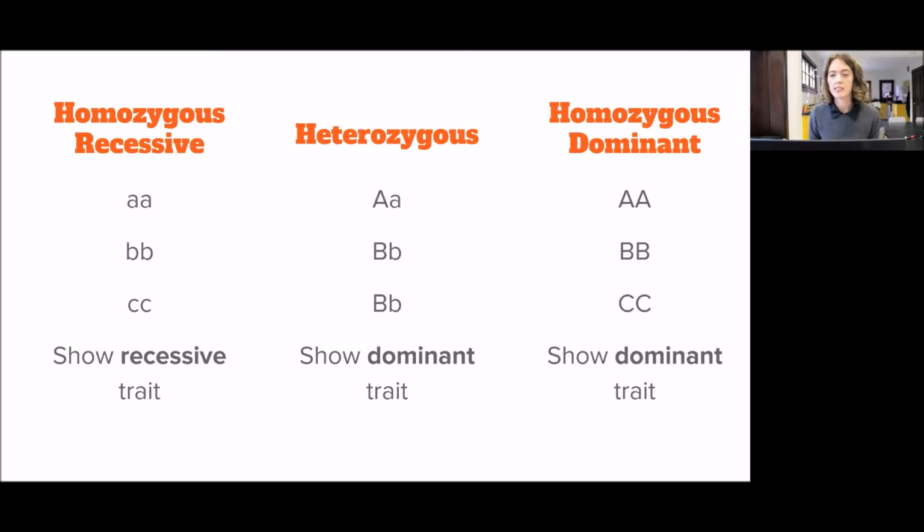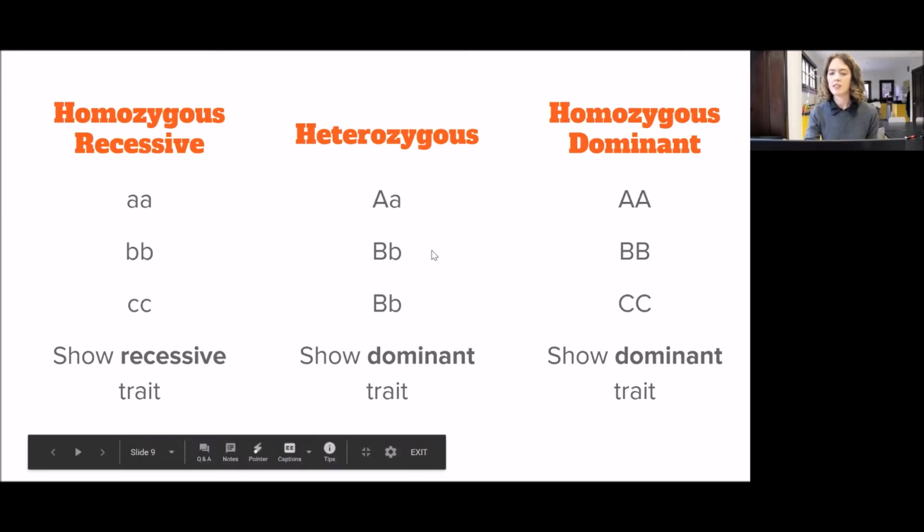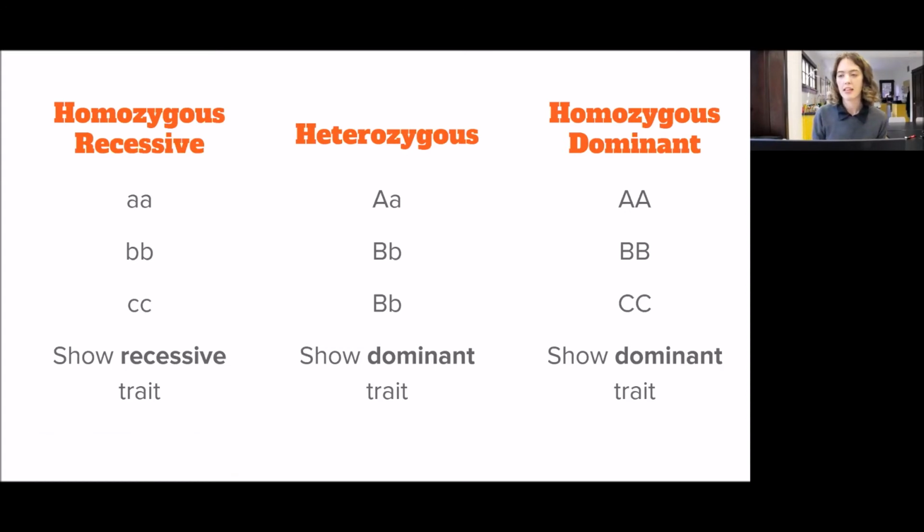Heterozygous, hetero means different or one of each. So if you have a capital A, lowercase a, that's heterozygous. That one still shows a dominant trait because there's at least one dominant allele there. And then there's homozygous dominant, capital A, capital A, capital B, capital B, capital C, capital C. That's 2 dominant alleles.